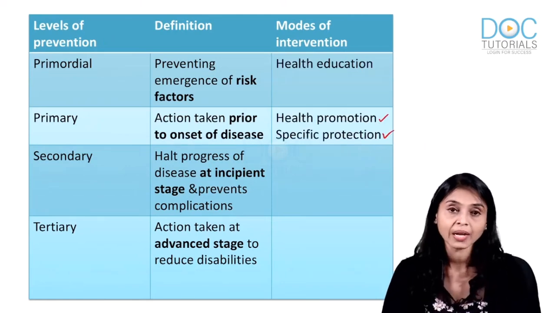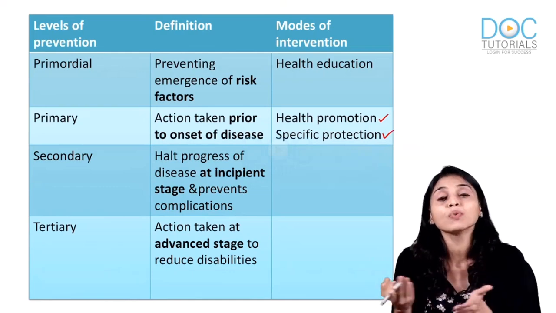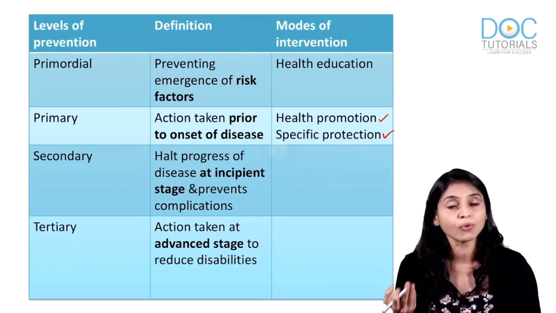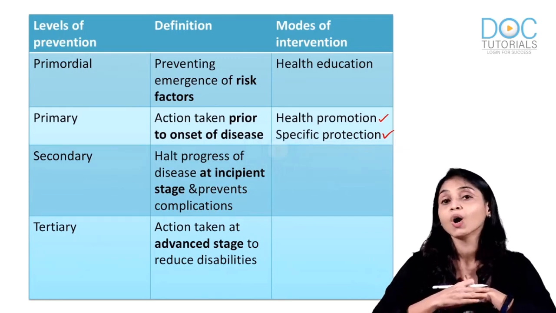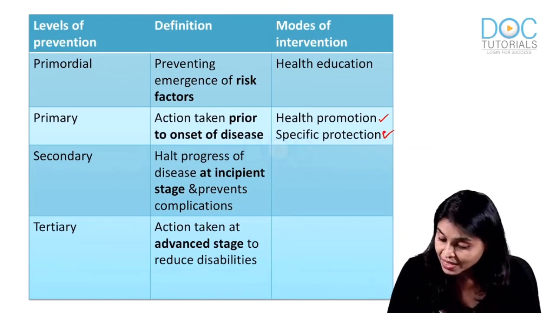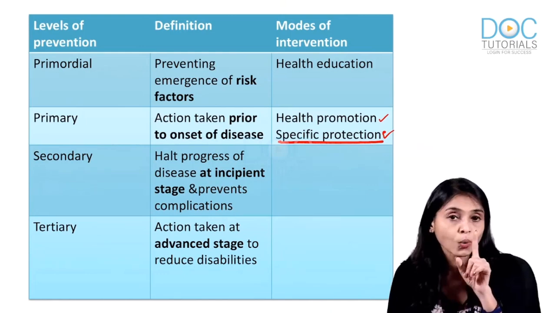Very important. Now what do you mean by health promotion? Health promotion means I'm just trying to improve your health or simply promoting your general well-being by asking you to take good food, asking you to do regular exercise so that you can prevent almost all lifestyle diseases. Whereas specific protection means, as the name indicates, you're trying to specifically protect one disease alone.